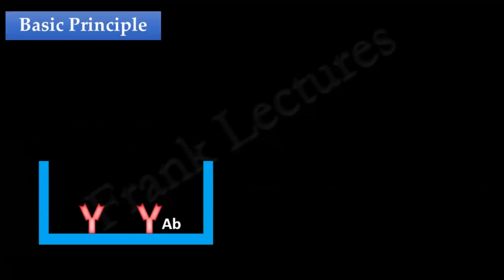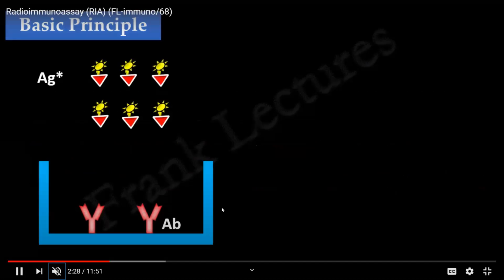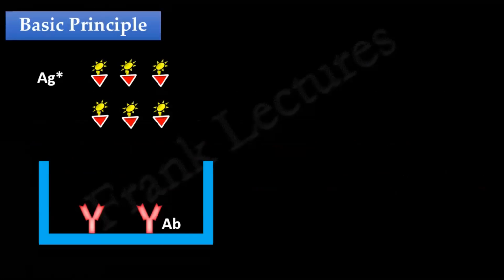So you see this technique. This is a microtiter well that has been taken. In this well, they have added antibodies, and next they are going to add antigens to it. Now, what are these yellow colors that are present on this antigen? This antigen is radio-labeled.